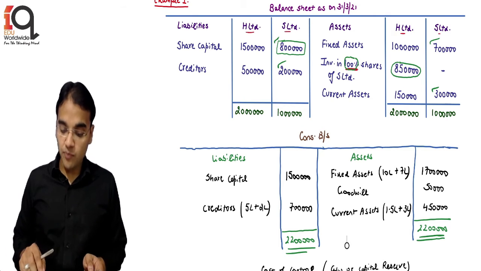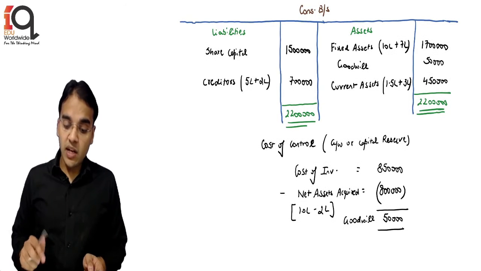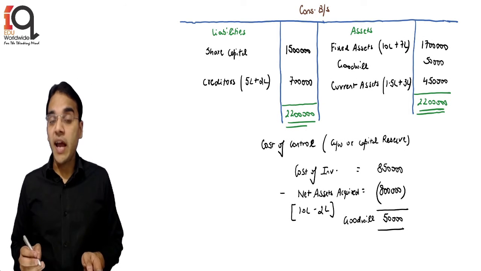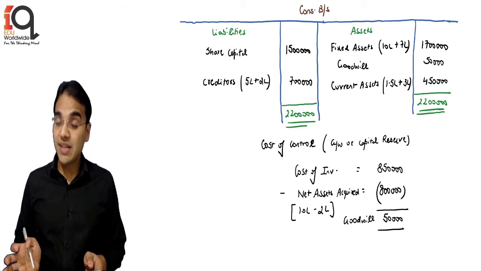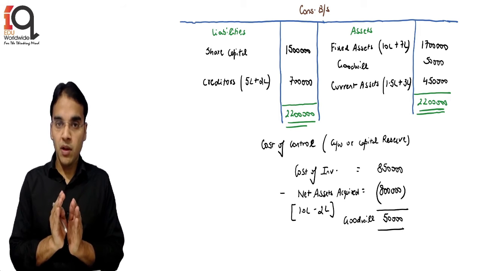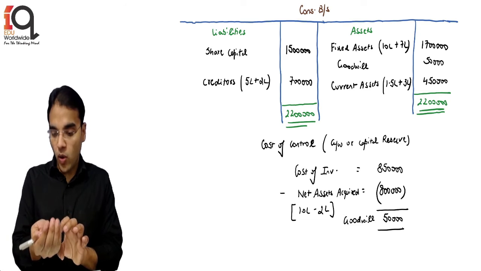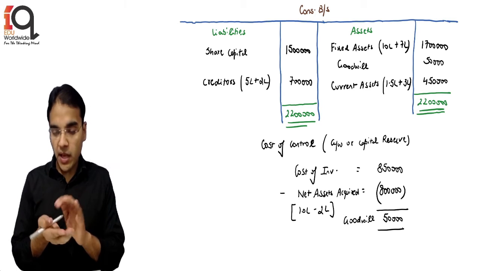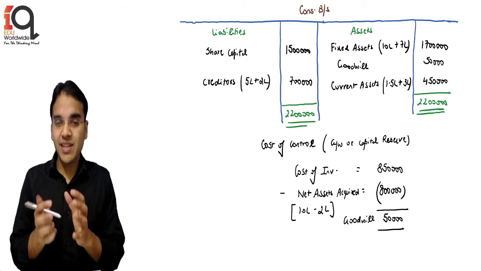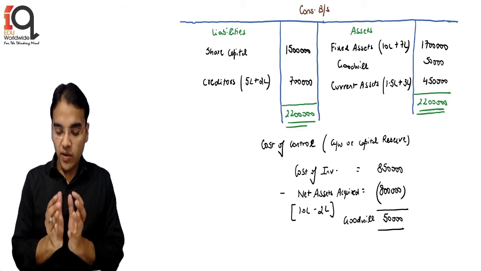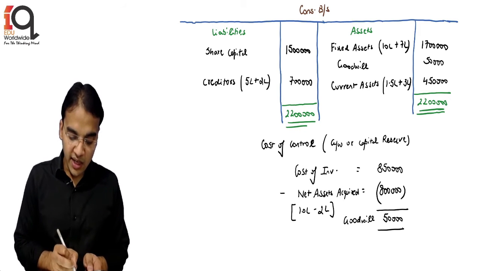While making the consolidated balance sheet, there is one entry which is getting passed. What is that entry? There is a holding company, and the holding company's balance sheet is there. Now they are acquiring S Limited to make the consolidated balance sheet. So obviously one general entry is passed. What is that entry?